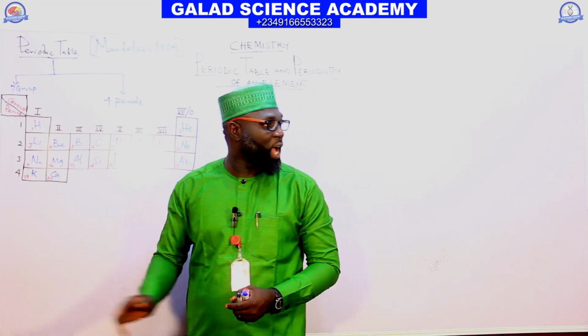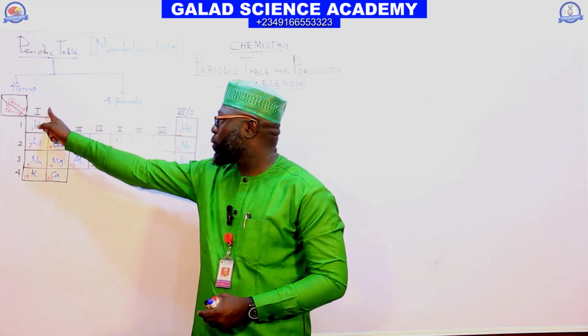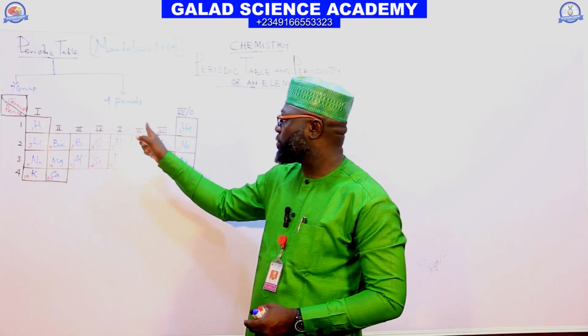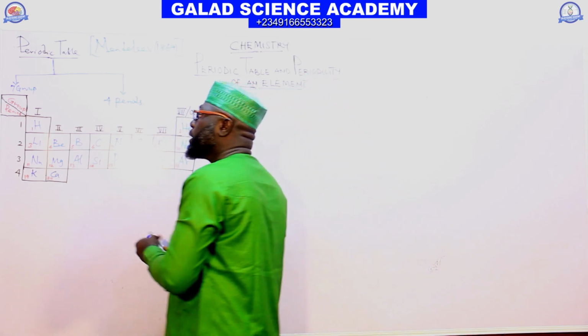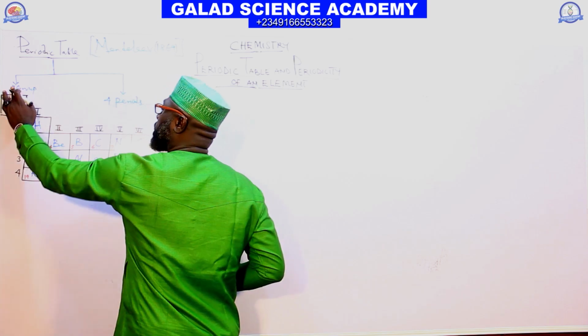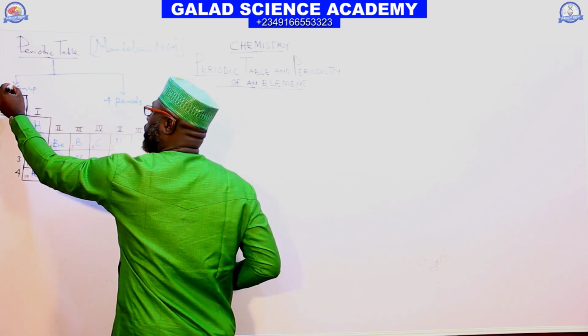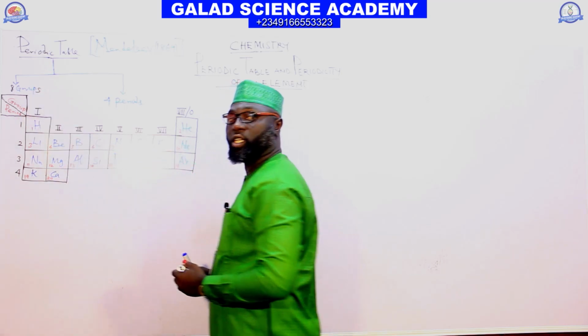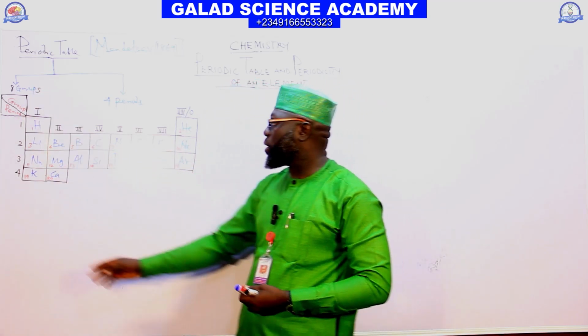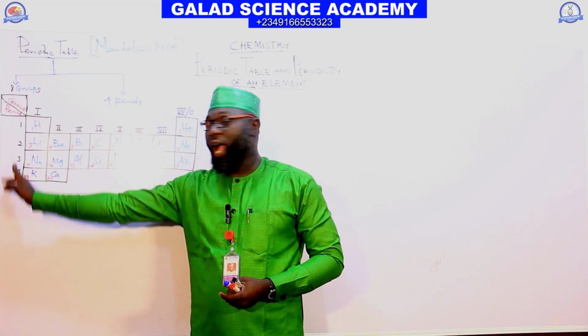The groups we have, there are 7: group 1, group 2, group 3, group 4, group 5, group 6, group 7, and group 8. I'm so sorry. The groups we have in the periodic table are not 7. It's comprised of 8 groups and then 4 periods.